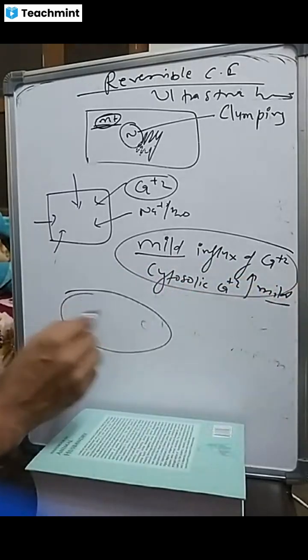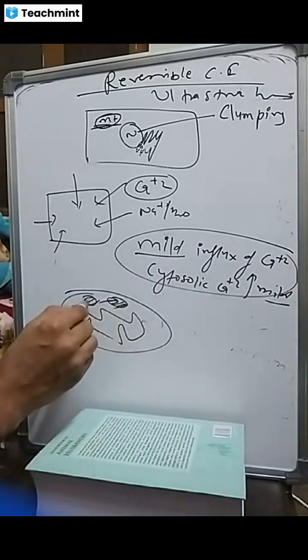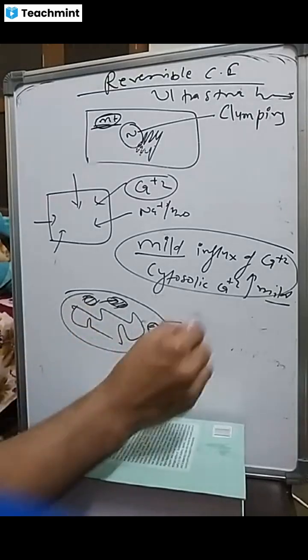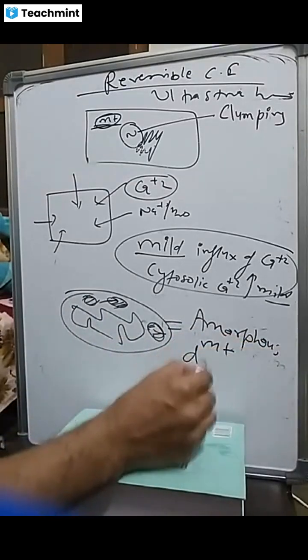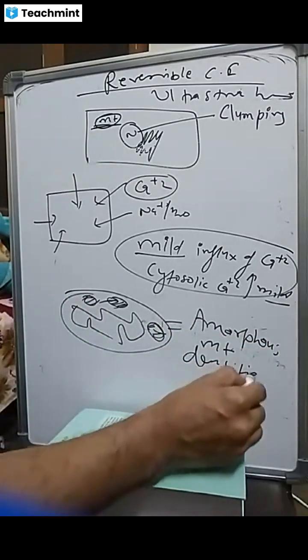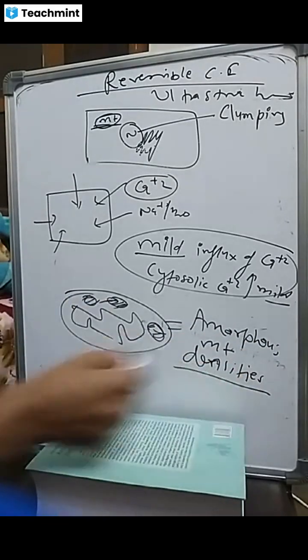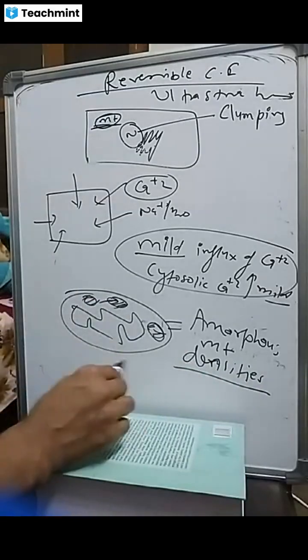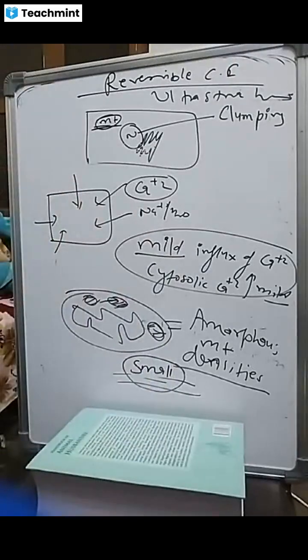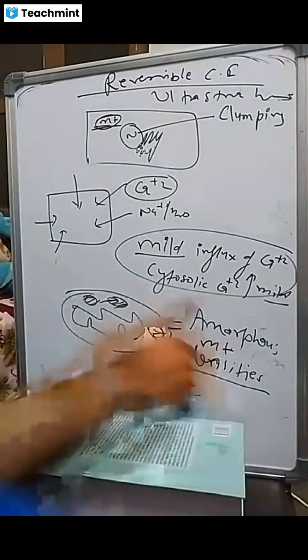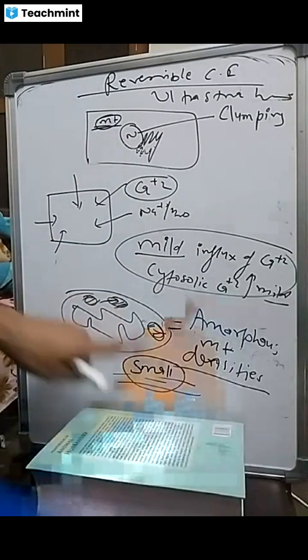This calcium will deposit on the mitochondria. It is called amorphous mitochondrial densities, and these densities are small in size. In case of irreversible injury, densities will become large and multiple in number. So first time, amorphous densities are seen in reversible cell injury.